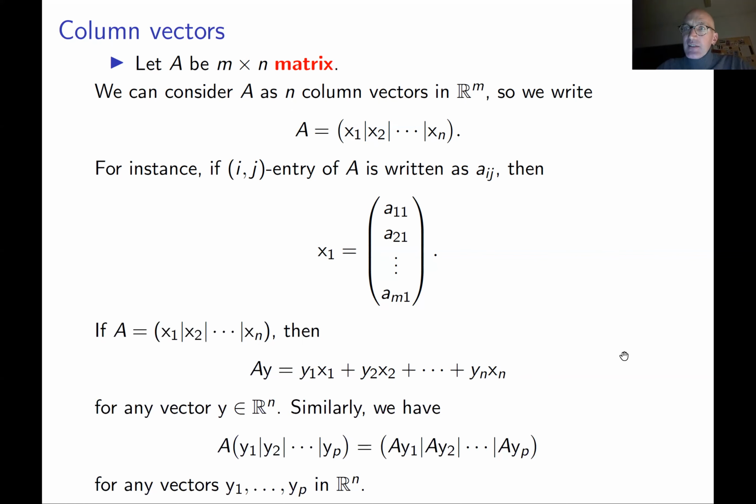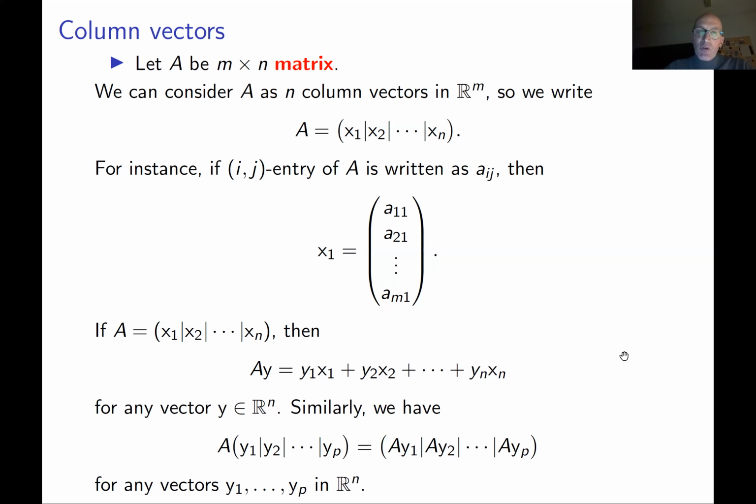A little bit later, you will see that this sum is called a linear combination of vectors x1 through xn. So again, multiplying matrix A by a vector y gives you a linear combination of its column vectors. This is actually very useful. This is mega useful. You will see it later.